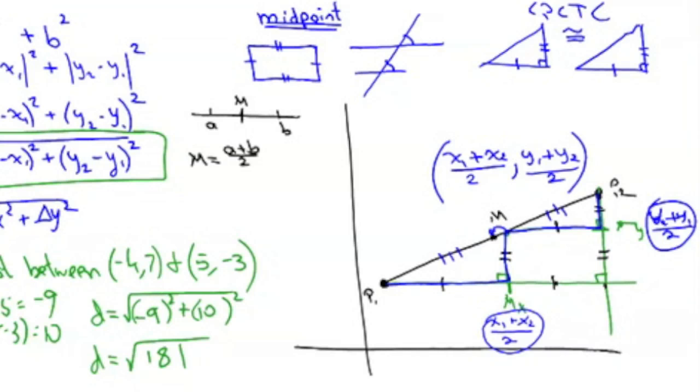That would be the coordinate of the midpoint, or loosely phrased, the midpoint formula, even though it's really not a formula. Formulas usually have equals in them. This doesn't have an equals. So the midpoint of any two coordinates is the average of the x's, average of the y's. No need to memorize the formula. It is the average of the x's, average of the y's.